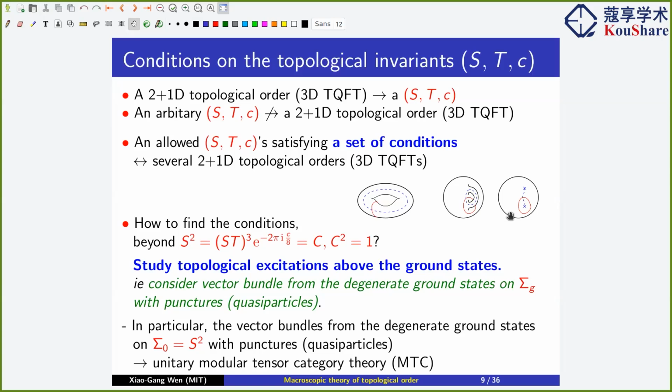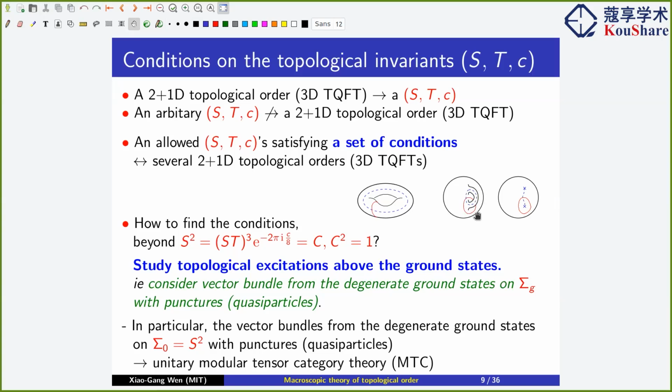At the beginning, in the 1980s, when we tried to think about how to systematically describe topological order of quantum Hall states, there were basically two directions. One direction is using ground state properties. That's what I just described, using ground state degeneracy, the vector bundle, etc. Another direction is using excitations.